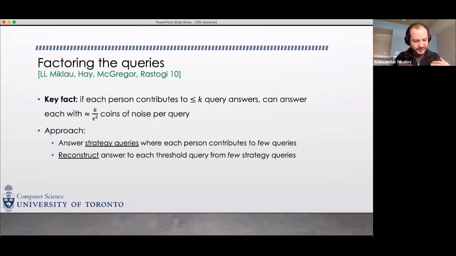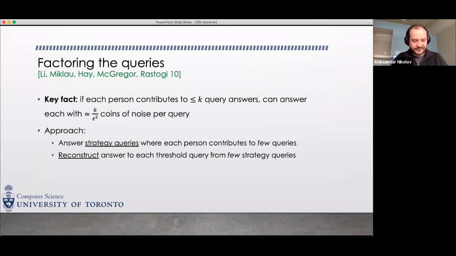And you can design some strategy queries that are not the original, they're not these threshold queries, what are the number of people of salary at most T. There's some other queries, but they have this nice property that only a few of them reveal information about any given person. And then you can find a way to reconstruct the answers to the queries that you actually do care about from private answers to the strategy queries.